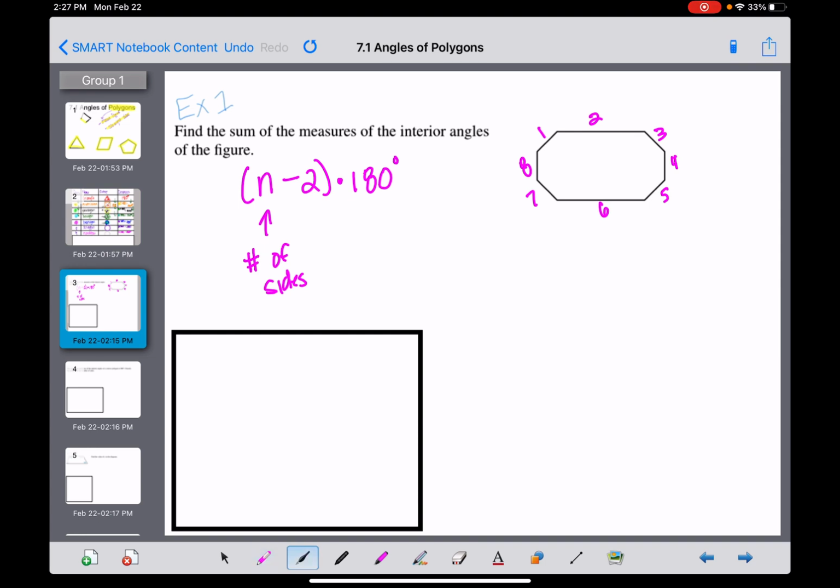If I don't have that list on me, however, I can use this formula. So I plug in 8 minus 2. I'll multiply that by 180. 8 minus 2 is 6. And 6 times 180 degrees gives me 1080 degrees. So this figure on the inside contains 1080 degrees.